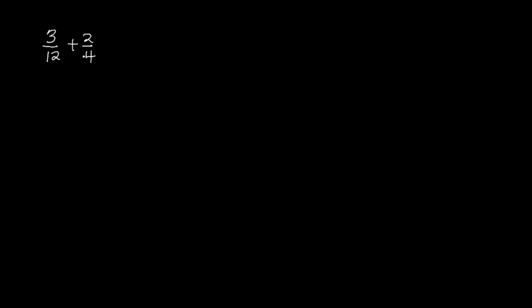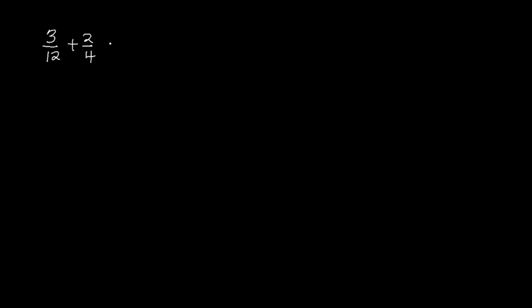Now, just to make your work easier, if you look at the two denominators and you realize that one can divide the other exactly without any remainder, then you can use the bigger one as the least common multiple.